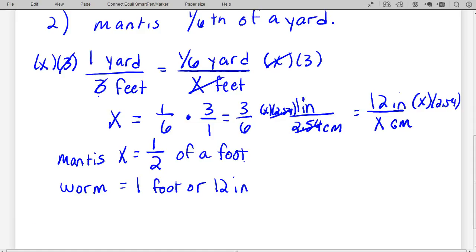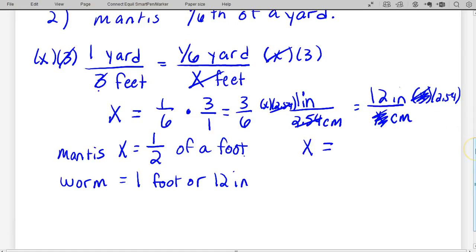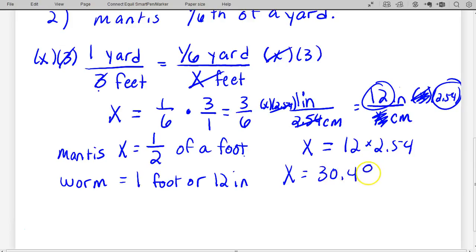We have X times 1 is just X equals. Over here, my X's cancel, and I have 12 times 2.54, which is 30.48. So X equals 30.48.